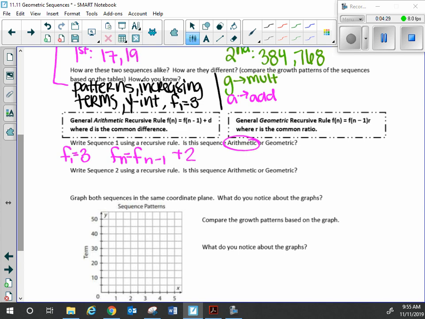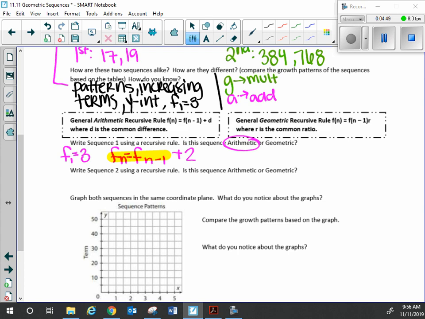This part of the recursive rule never changes. You're just plugging in the common difference at the end. Does that bring back some memories?